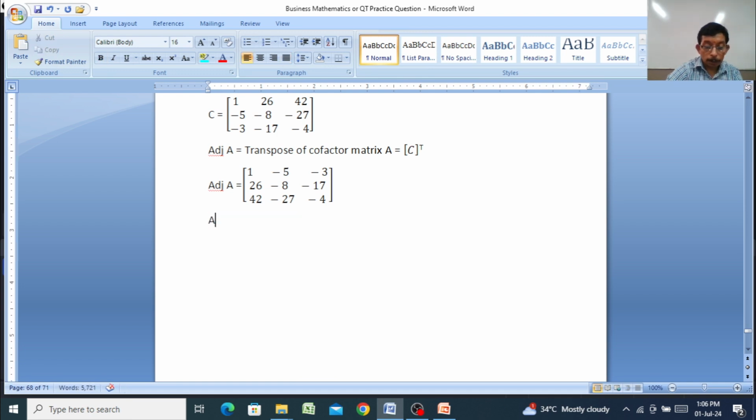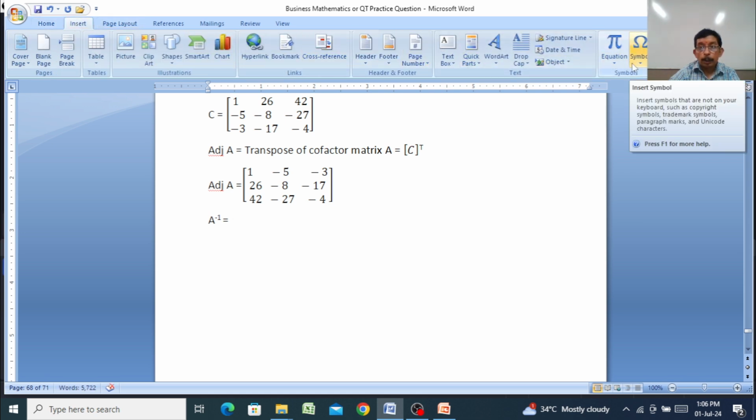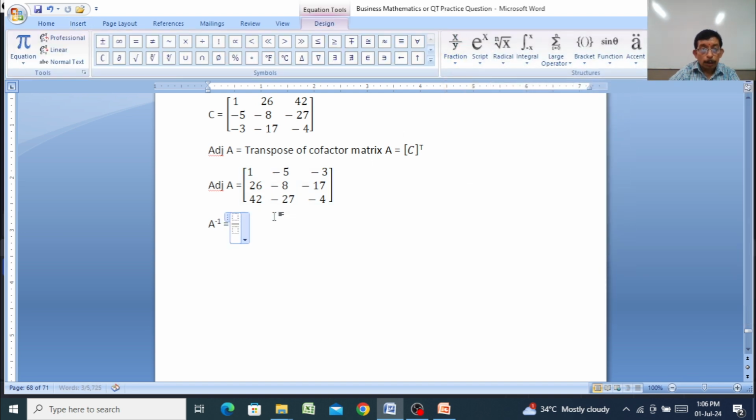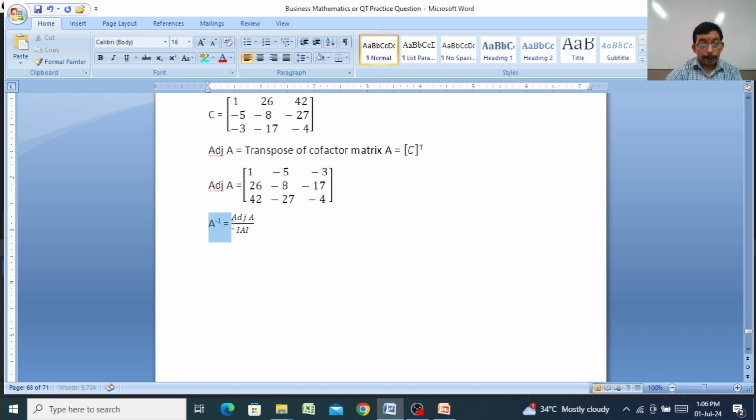The value of A inverse is equal to adjoint of A upon determinant of A. Now put the value of adjoint A and determinant A in the next step.